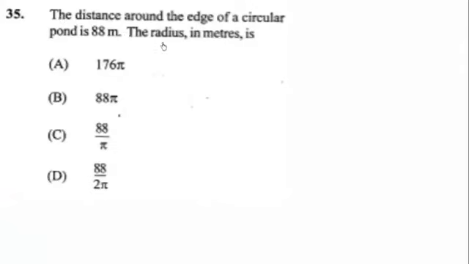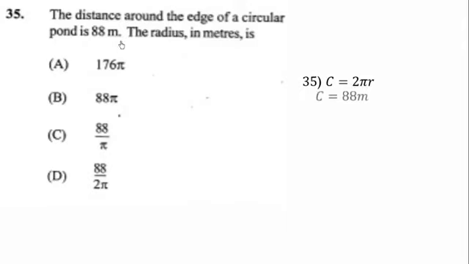The distance around the edge of a circular pond is 88 meters. The radius in meters is... So we want to calculate the radius. Now we know circumference is equal to 2 times pi times the radius, and we're given the circumference to be 88.